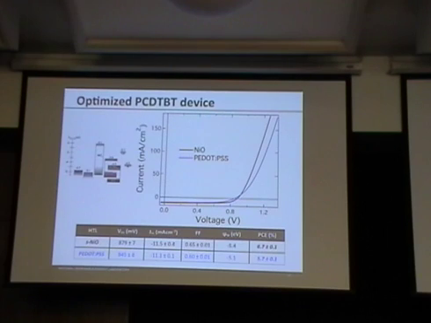Could also be due to batch-to-batch variation, right, if we're honest. But if we look at these now, this is basically a much higher performance PEDOT:PSS based PCDTBT device. And when we replace it with the nickel oxide, we do even better. But those same questions could still be asked.